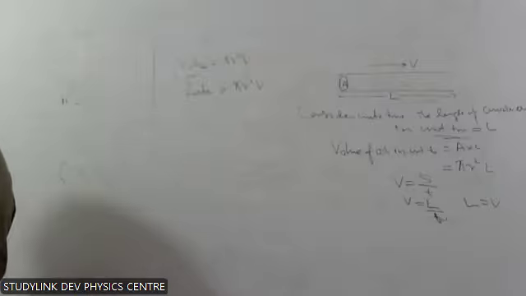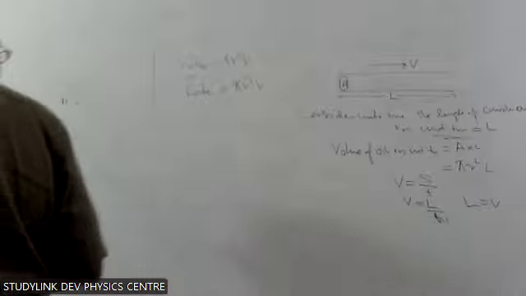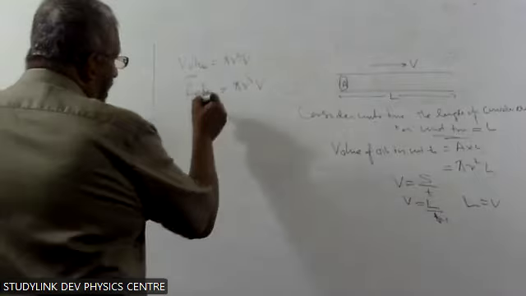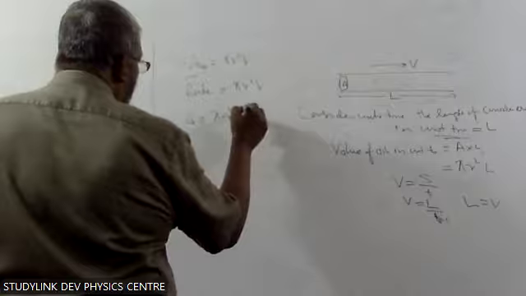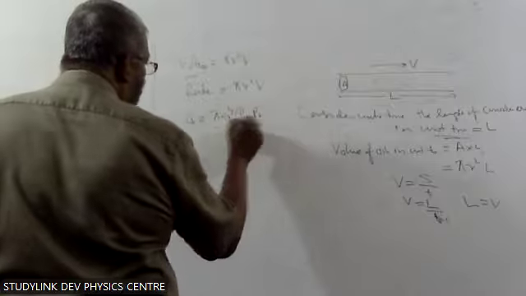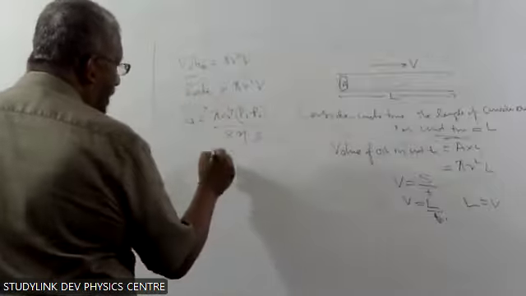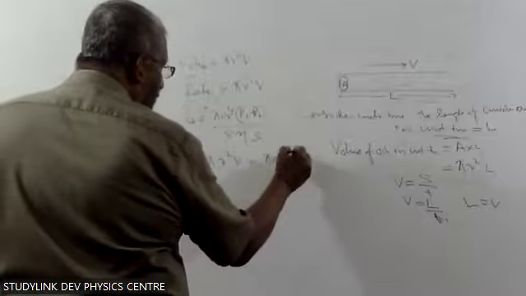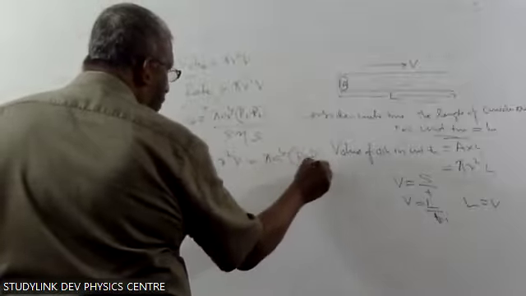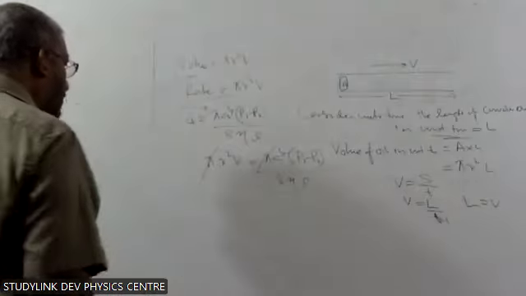Then you can find v. Sorry, Q. After that you use Q is equal to pi a to the power 4 delta p, or p1 minus p2, over 8 eta L. So these two must be equal. Pi r squared v is equal to pi a to the power 4 (p1 minus p2) divided by 8 eta L. Pi cancels off.